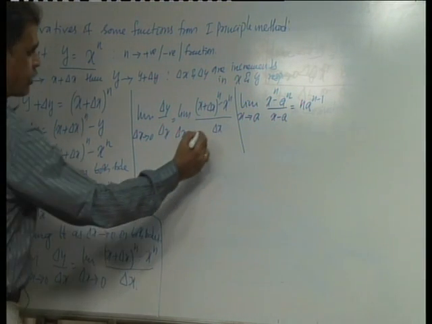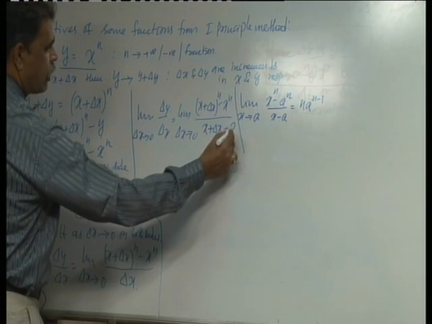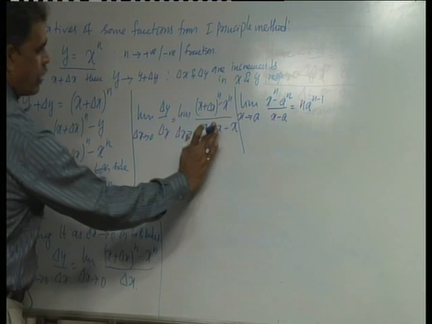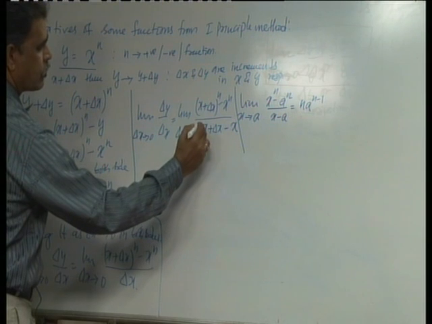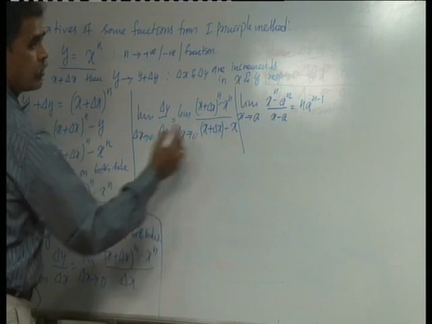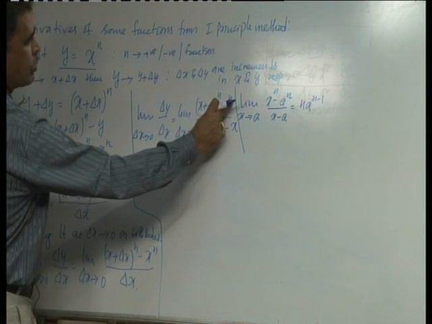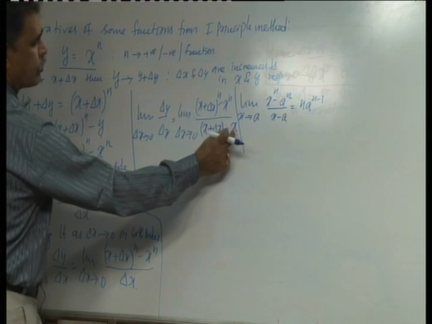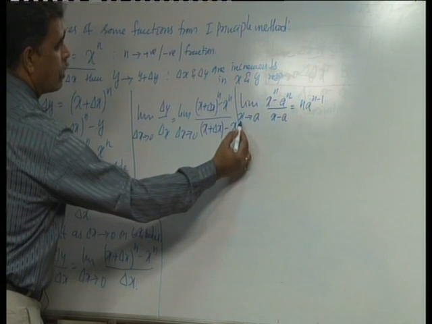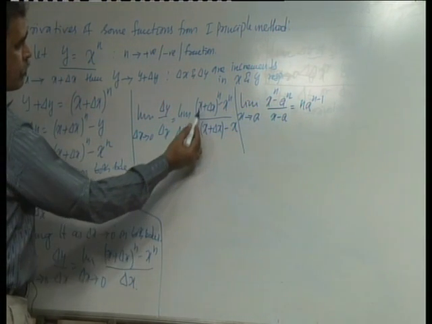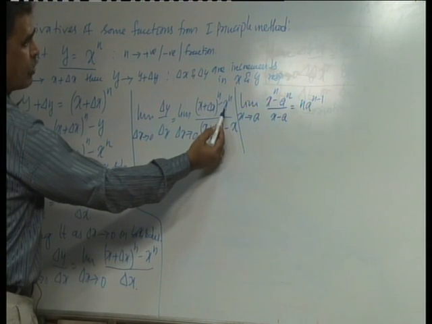For delta x, I will add x and subtract x. Just I have added x and subtracted x to delta x. Then I will make this into a group: x to the power of n minus a to the power of n divided by x minus a. We got the standard form. What about the limit? The limit is x tends to a, where x is x plus delta x tends to, we should have a as x.